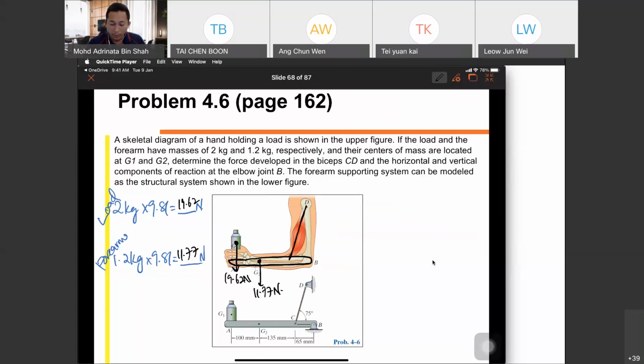And we have our distance, and we have our G, 19.62, so 11.77. Then you have your FCD. Then you have your pin.